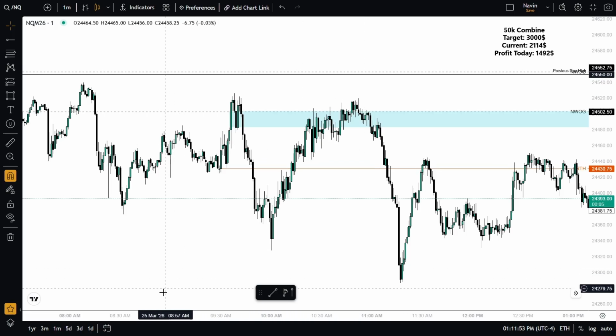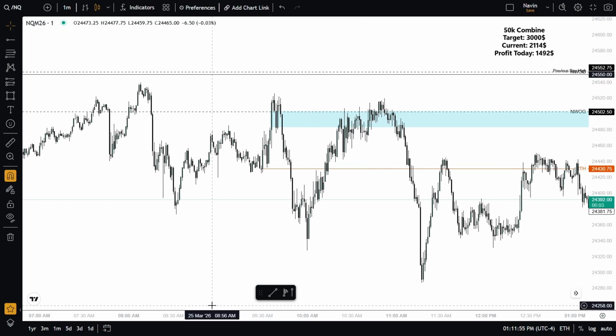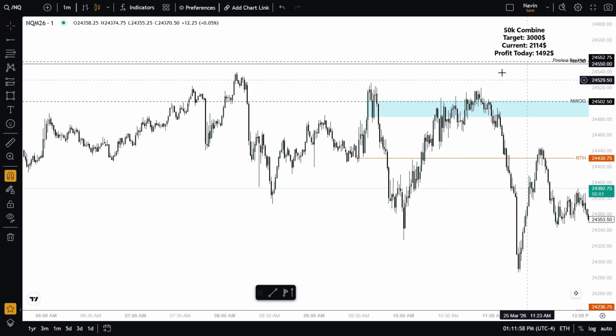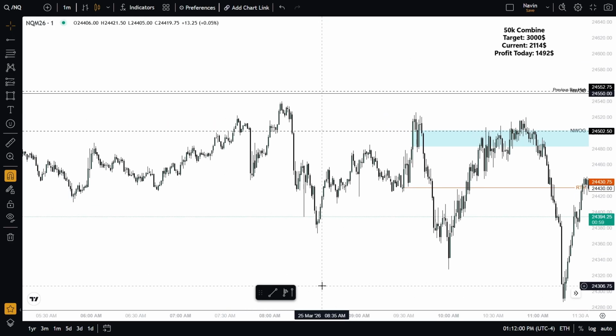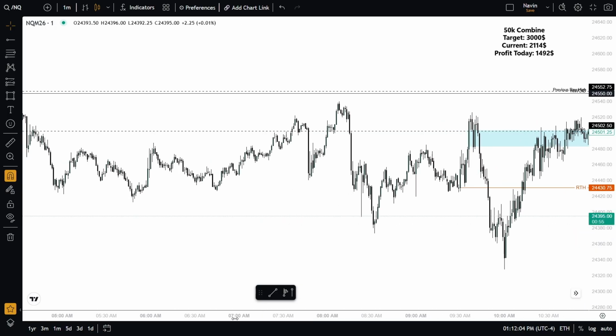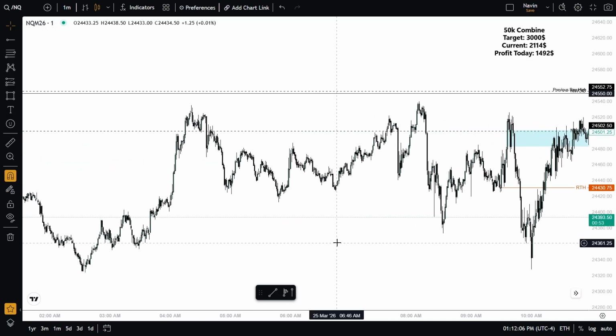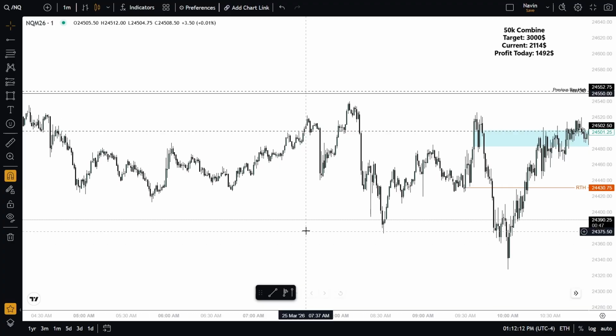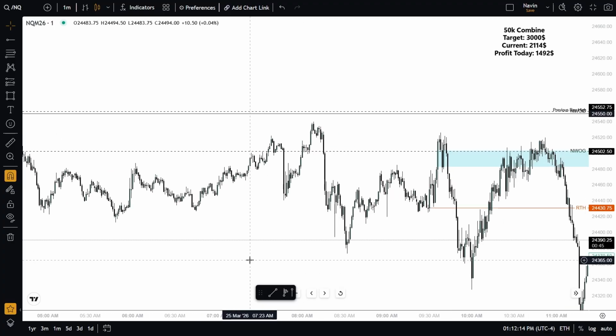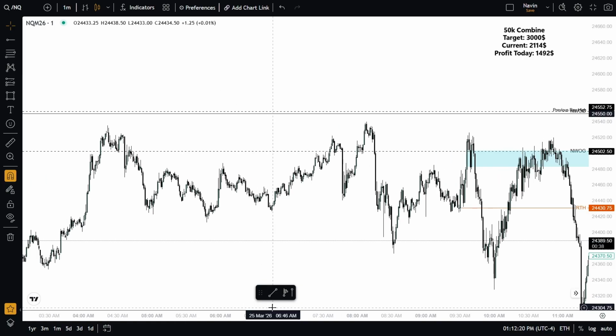So what was my trade idea? As price is moving in a range, I was finding the liquidity pools which I need to target. The RTH is ignored, the previous day's afternoon session liquidity has been taken out.